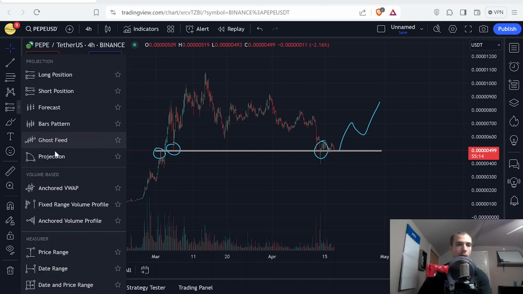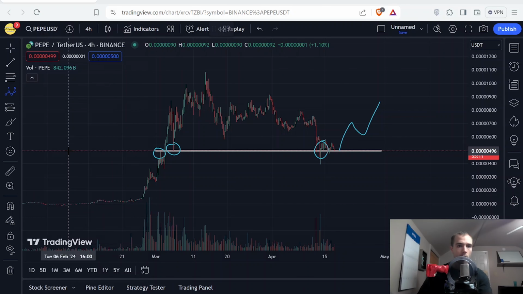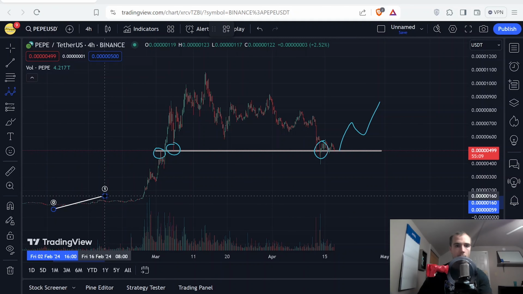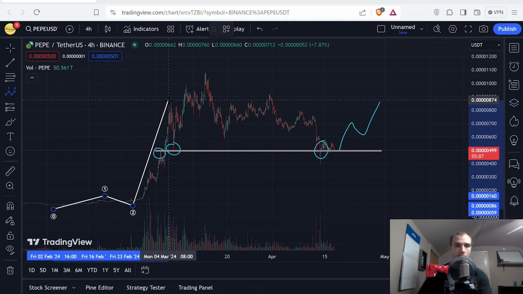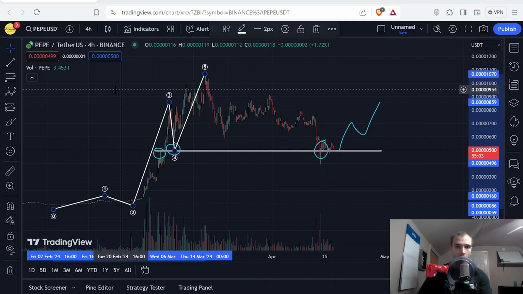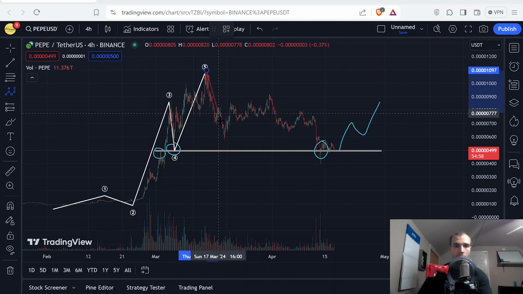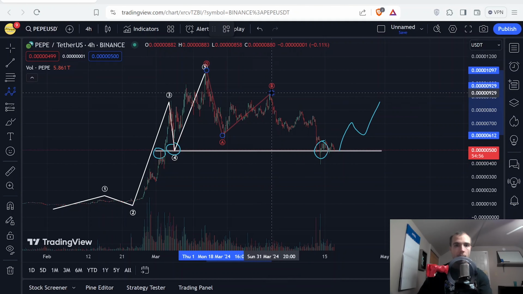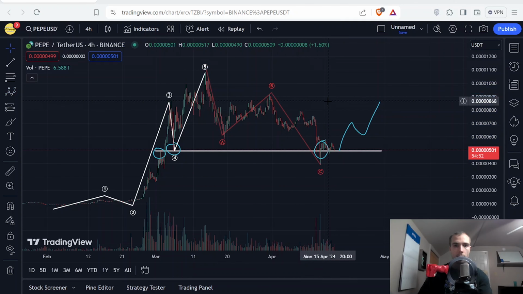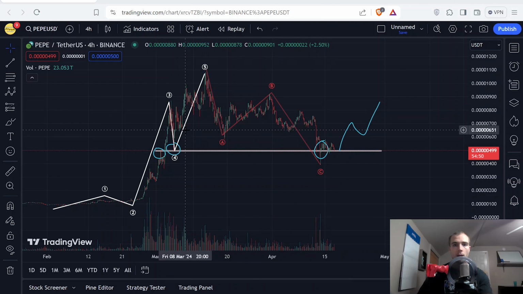We also have an Elliott wave count here with Pepe. You can see we have a 1 wave, a 2 wave, then we get our 3rd wave, our 4th wave, and our 5th wave right here, and our ABC correction down. So we have our wave A, our wave B, and I think this is wave C right here, completed the correction.